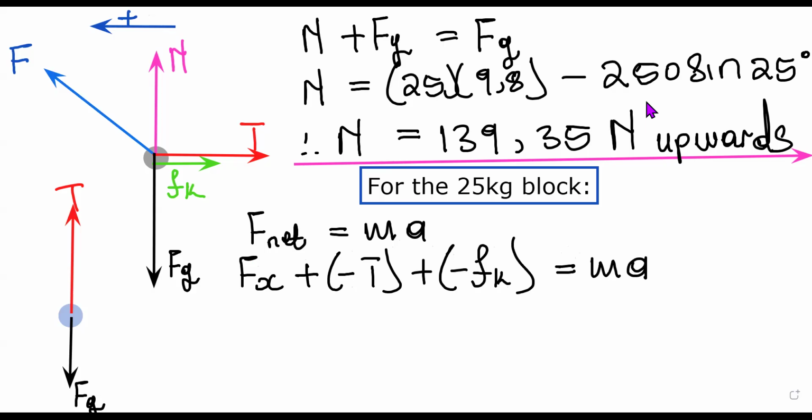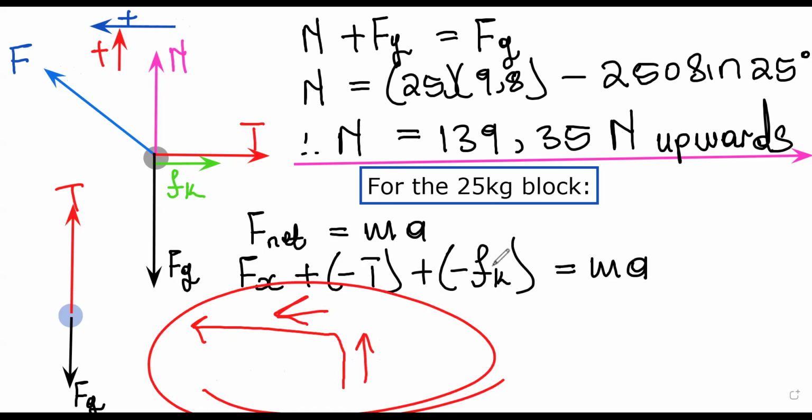Well, let me just say the same thing, or rather one thing, and get it over and done with. Anything that goes to the left is positive, and anything that goes upwards is positive, because the direction of motion is like this. The other one is going up while the other one is going to the left. So I'm taking the direction of motion as positive.